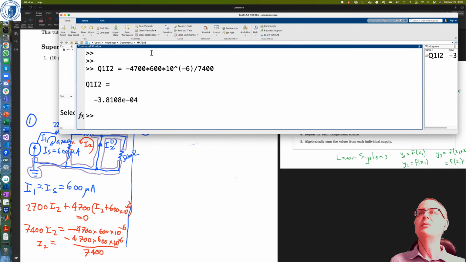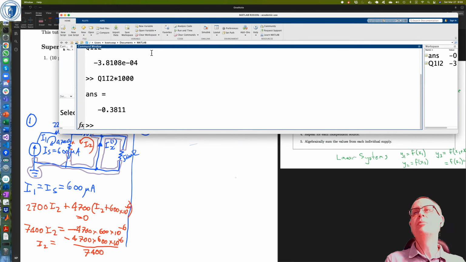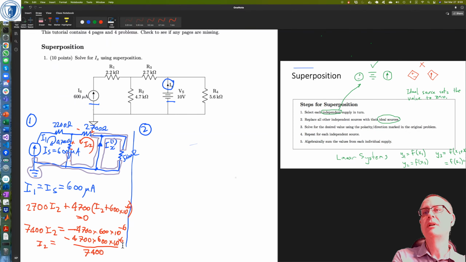Right, so let's just multiply that by 1000 maybe. So it's minus 0.3811 milliamps.